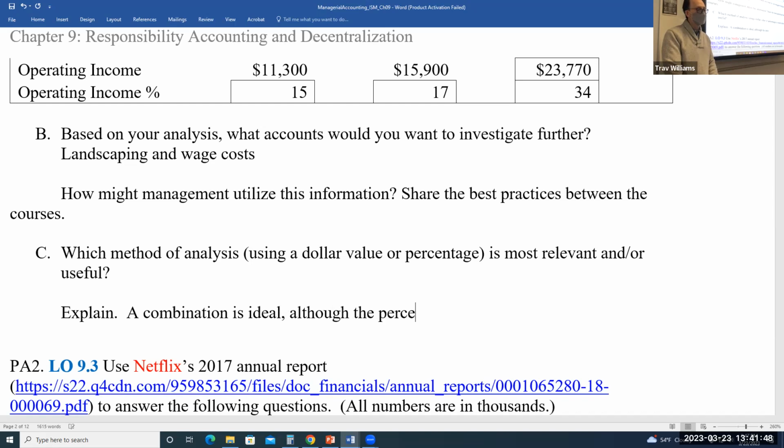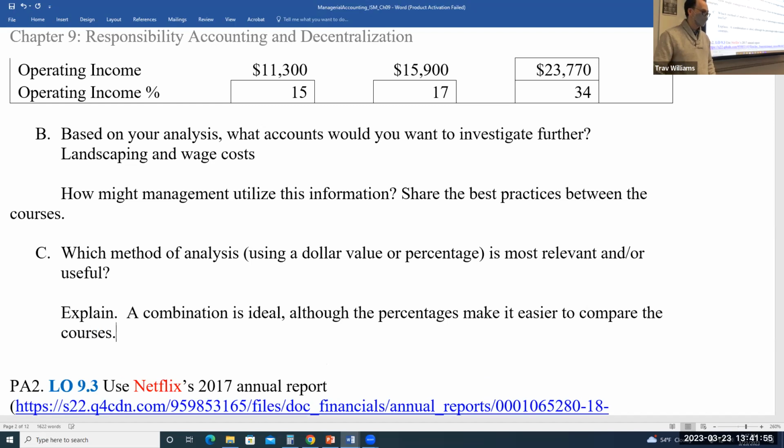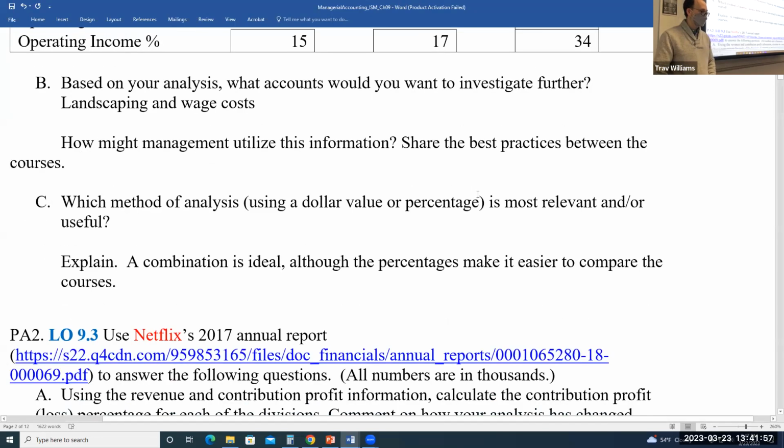Although the percentages make it easier to compare the courses. Any questions on this exercise? I mean, problem?